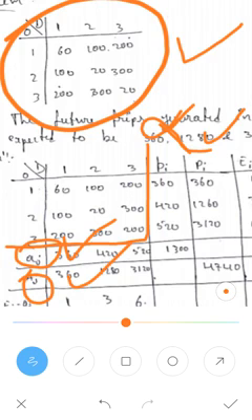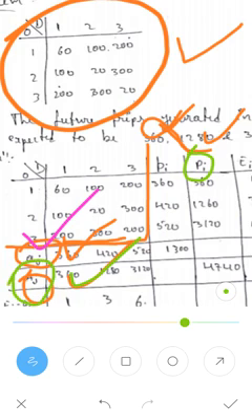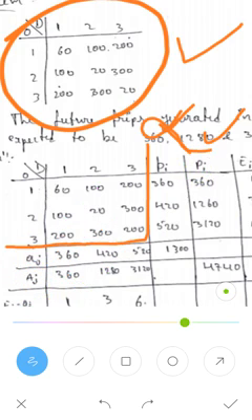Present is the smaller one, and future is the capital one. So here future is capital P, and capital A is the future. Try to remember it like this.